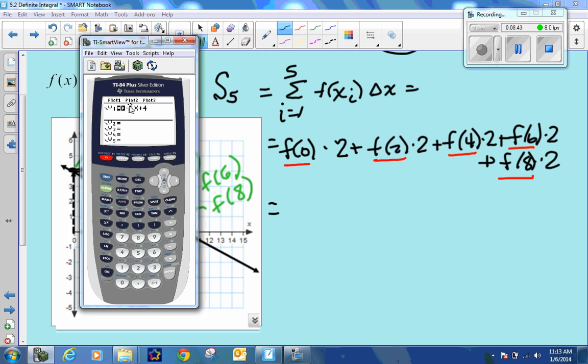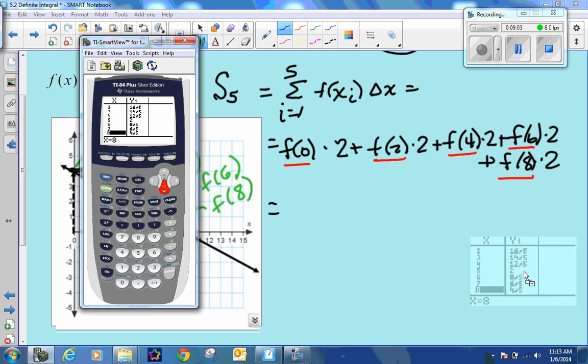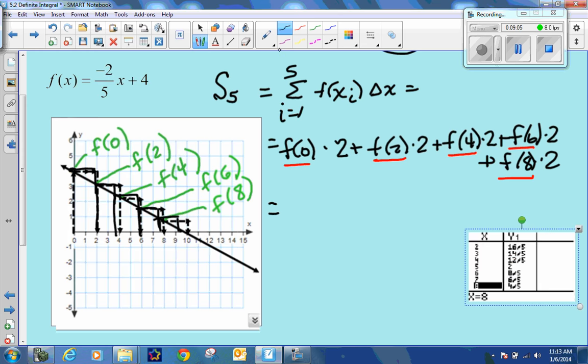So here we go. Second graph would give us our tables, and we need up to 8, because 0 is easy. If we plug in a 0, you are going to, of course, get 4 times your change in x.